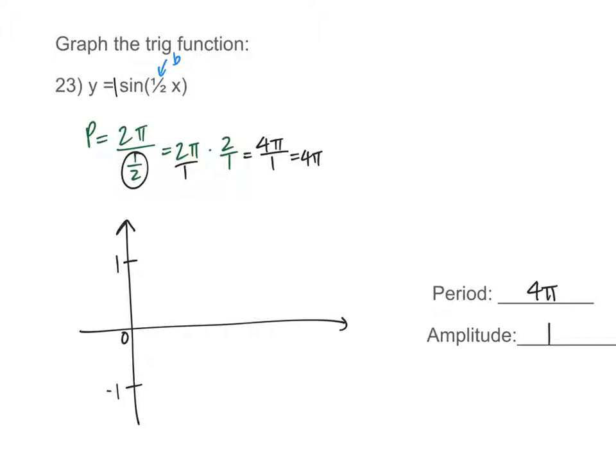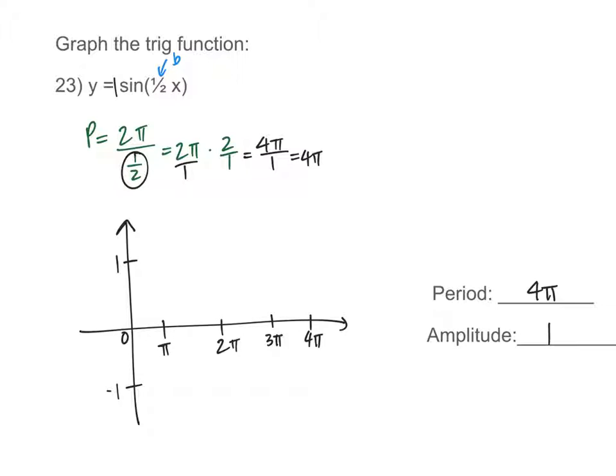It's really wide compared to the original, which goes up to 2 pi. So now what I'm going to do is make sure there are 4 interval spaces or 4 markers here. So maybe this will be pi since it's between 0 and 2 pi. And then this, I guess, has to be 3 pi since it's between 2 pi and 4 pi.